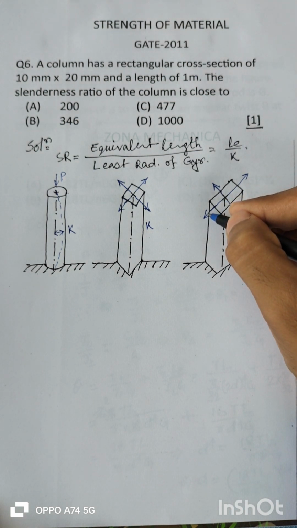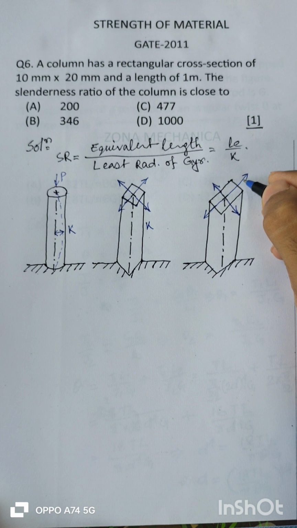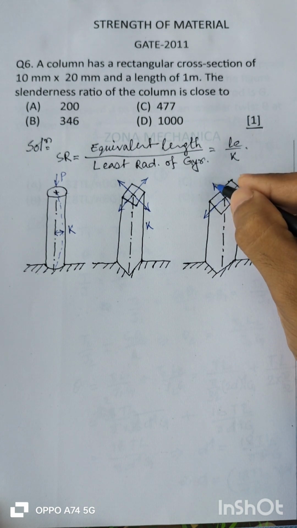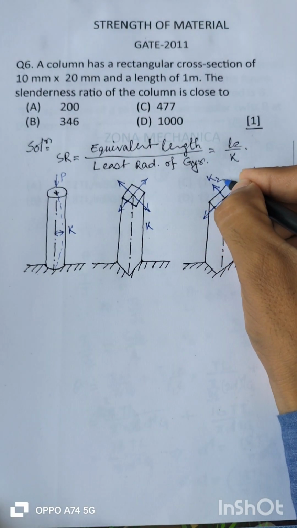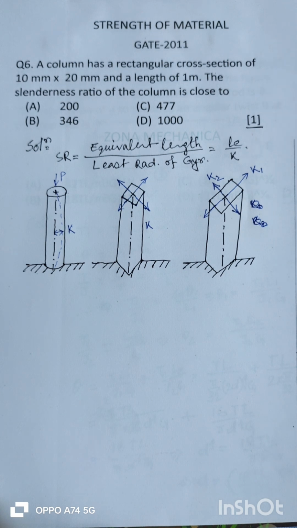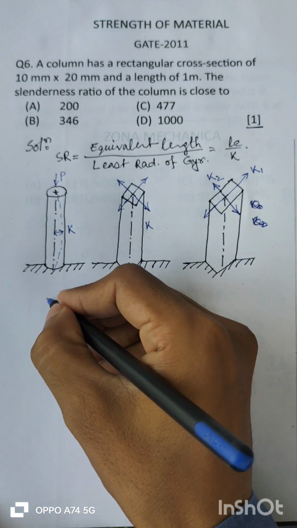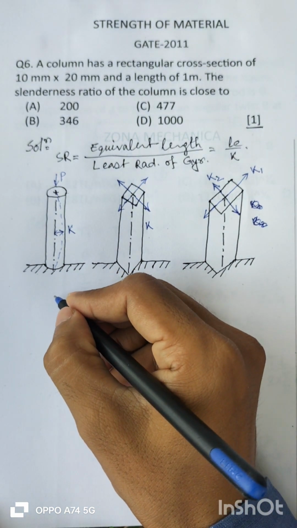If the column buckles in this direction or in this direction, K1 and K2 be the two radii of gyrations.